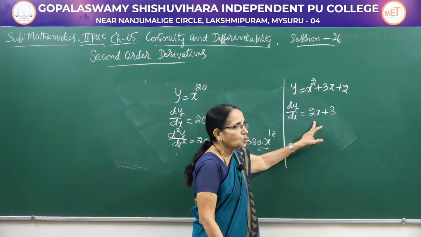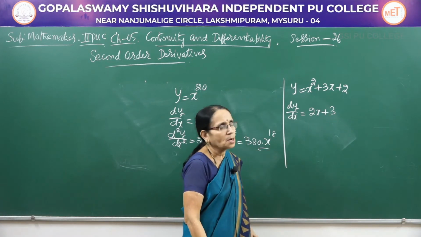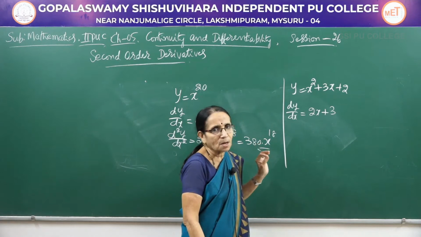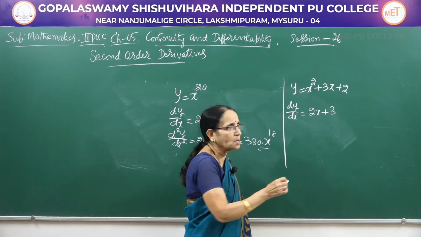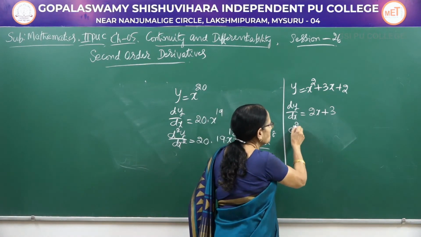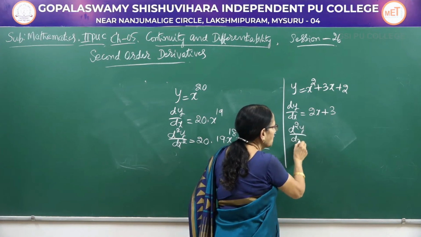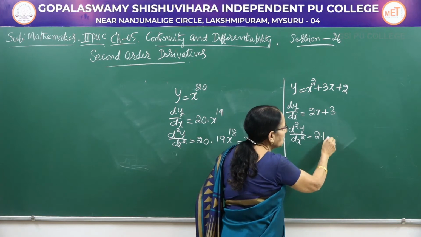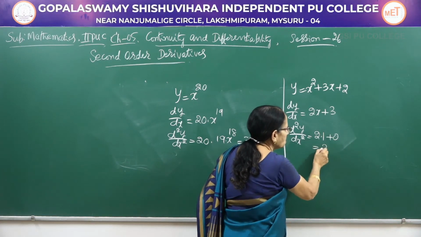So the first derivative is 2x plus 3. Now differentiate again with respect to x. So this becomes d square y by dx square equal to 2 into 1, and 3, of course, being a constant, it is 0.